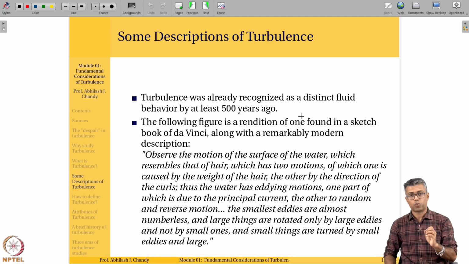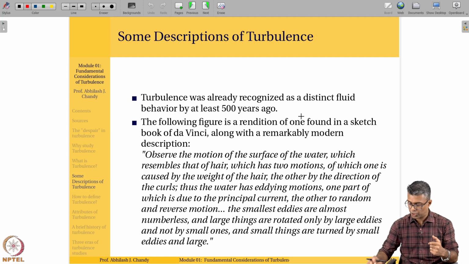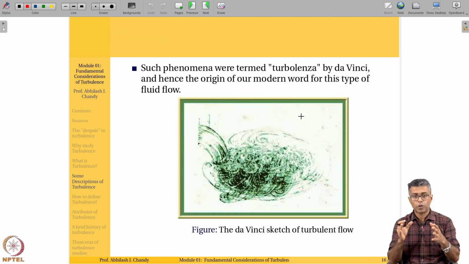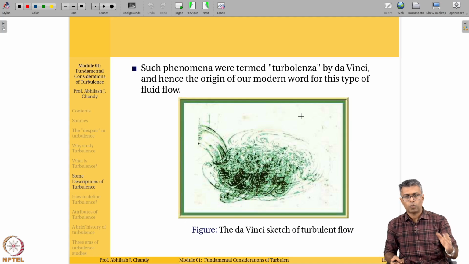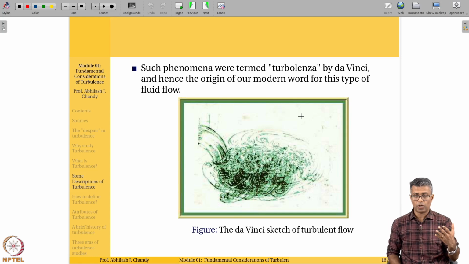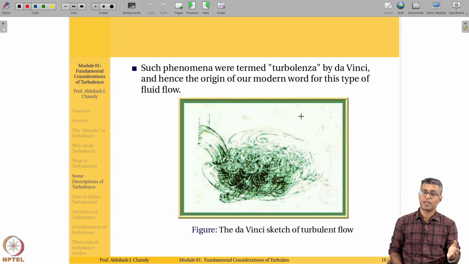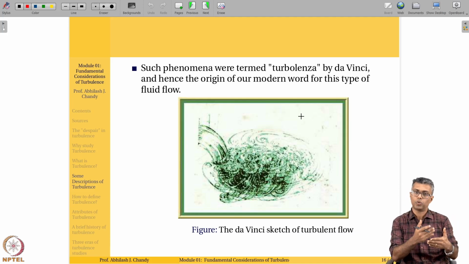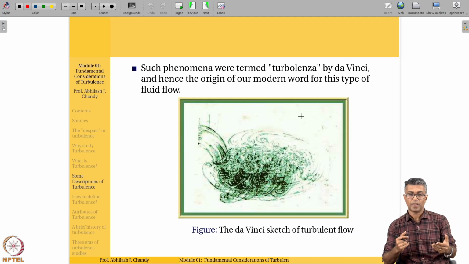And this is what was found in one of his books as a sketch. I'll come back to the description in a bit, but look at the sketch he made of turbulence. What does this look like? This is what he described as a turbulent flow. He termed it turbulenza, okay, which is where the word turbulence comes from. The modern word is obviously turbulence.